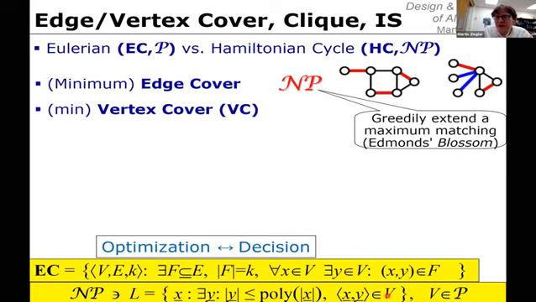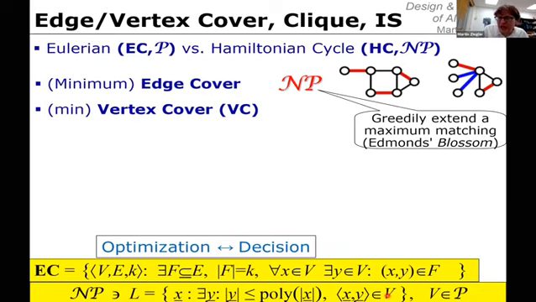We compute a maximum matching, and remember from our last chapter that Jack Edmonds' Blossom algorithm achieves exactly that. The Jack Edmonds Blossom algorithm, which we did not discuss in detail but mention, can find a maximum matching in a given graph.